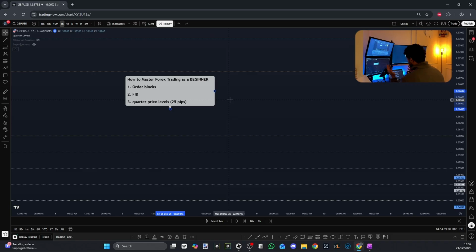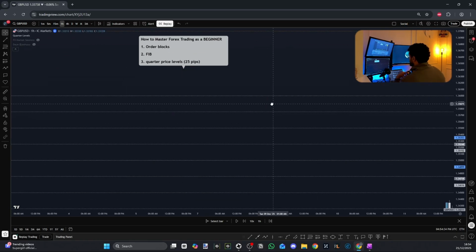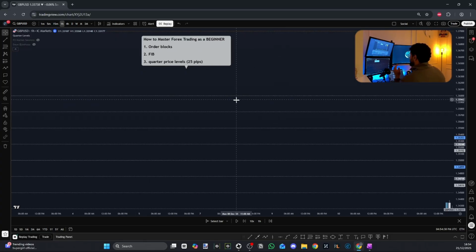So it's assumed that institutions often place large pending orders near these levels, which retail traders use for stops, creating liquidity pools, and price tends to react to these levels, especially when aligned with structure, order blocks, or fair value gaps. And quarter price levels, when it comes to the Forex market, is every 25 pip increment.